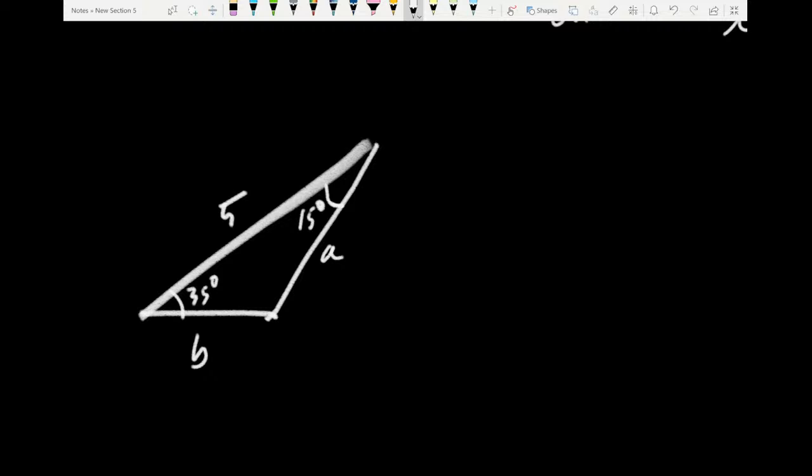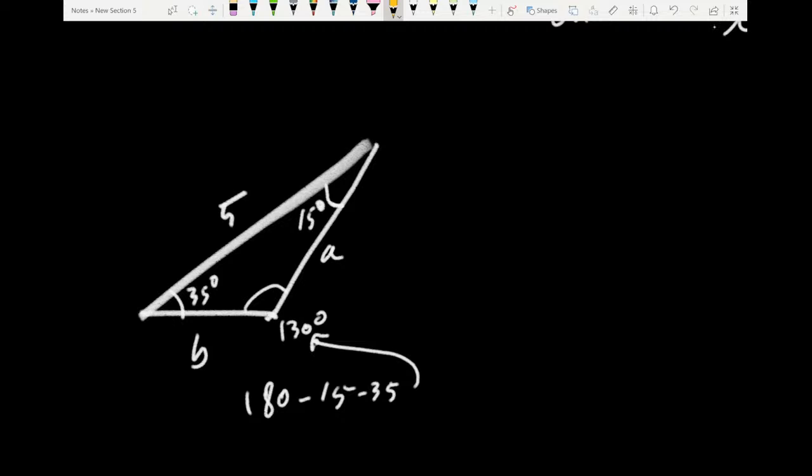And again, we're going to use the law of sines. So it's super easy again. What's the missing angle? The missing angle is 130 degrees. So 180 minus 15 minus 35 gives you 130.